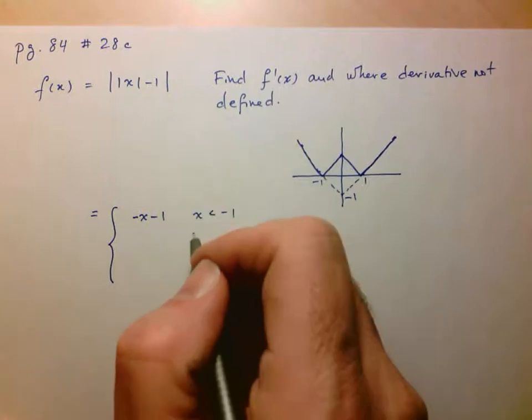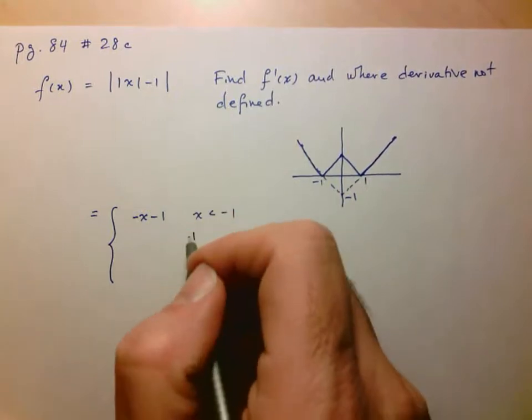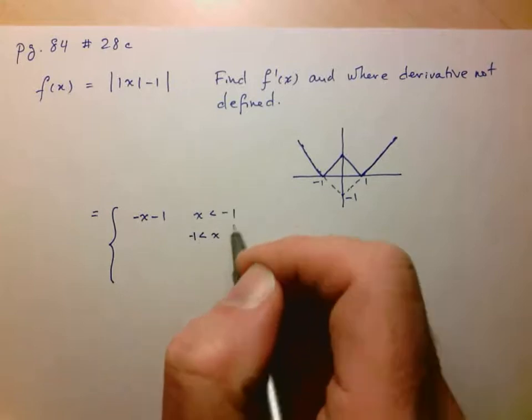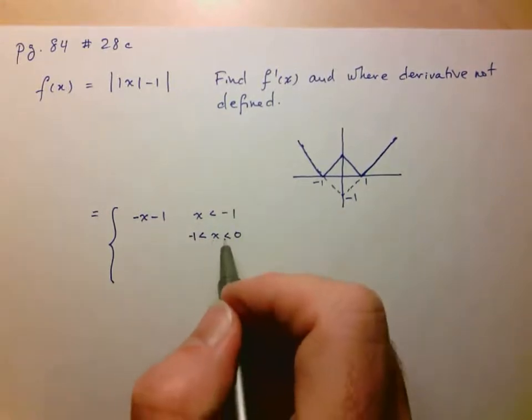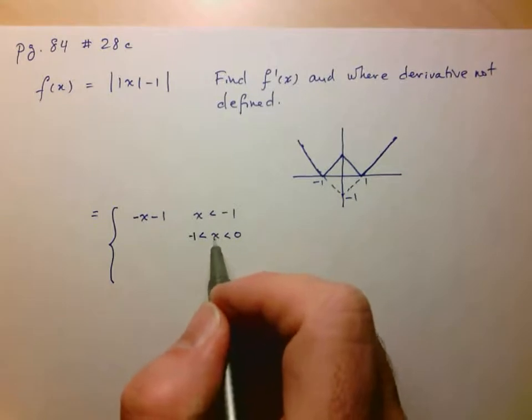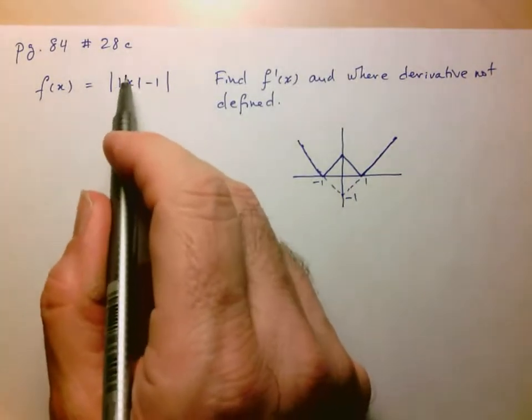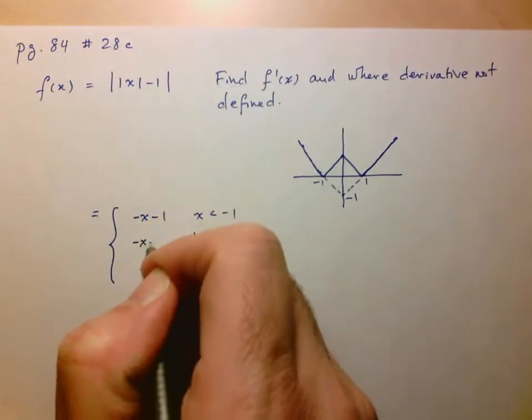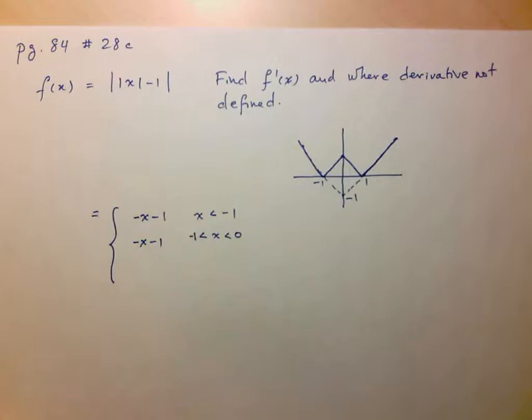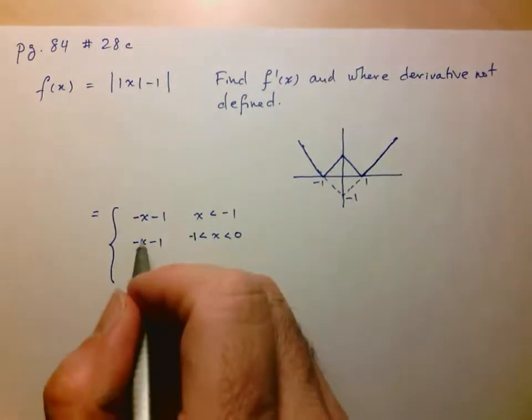Now let's go to between -1 and 0. So -1 less than x less than 0. x is still negative, so I'm going to have to put a negative sign in front of that first portion, minus 1. Again, I put the negative in front to make it positive.